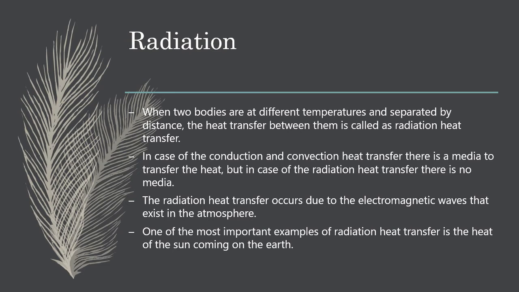But in case of radiation heat transfer, there is no medium. Radiation heat transfer occurs due to electromagnetic waves existing in the atmosphere. One of the most important examples of radiation is the heat of the sun coming to the earth.